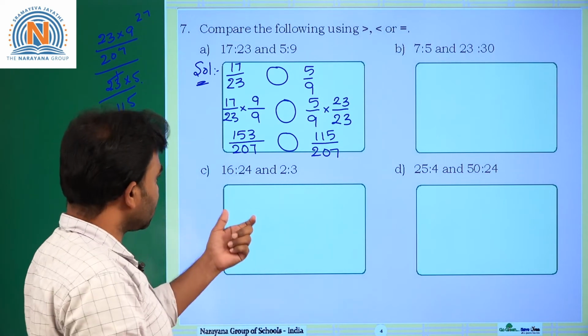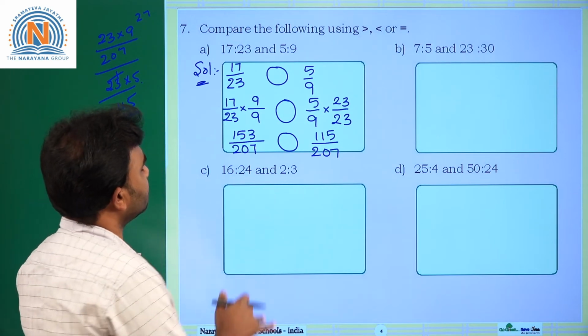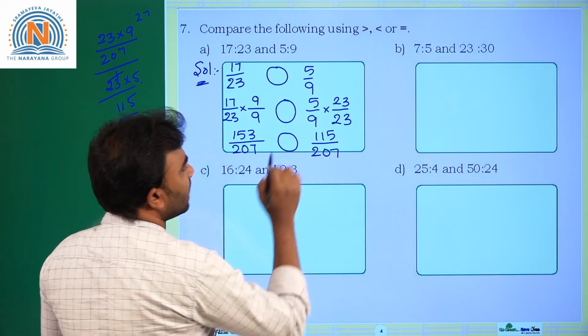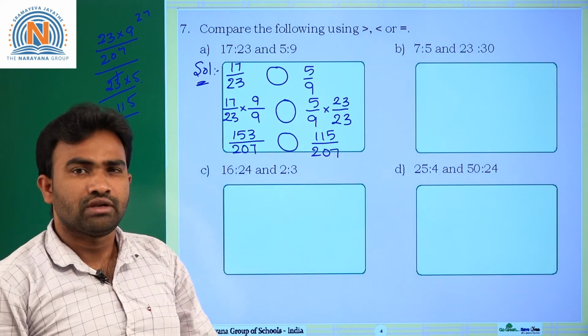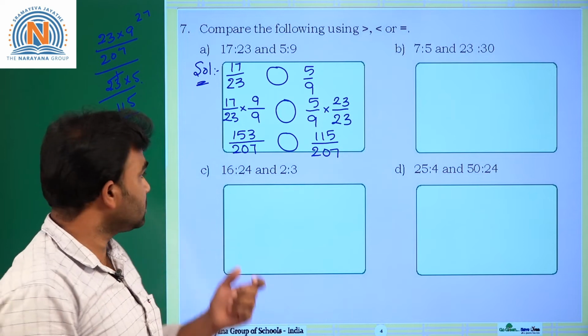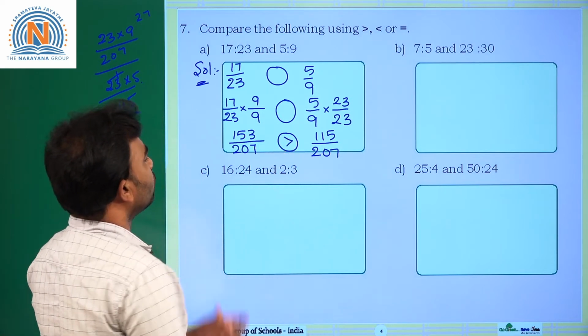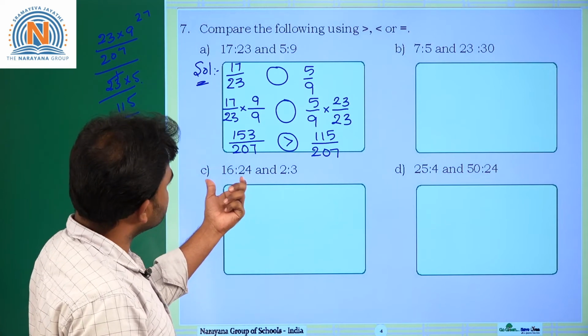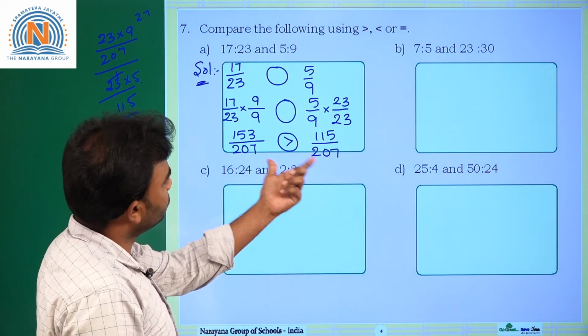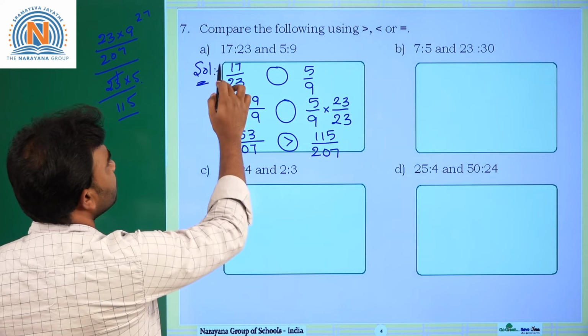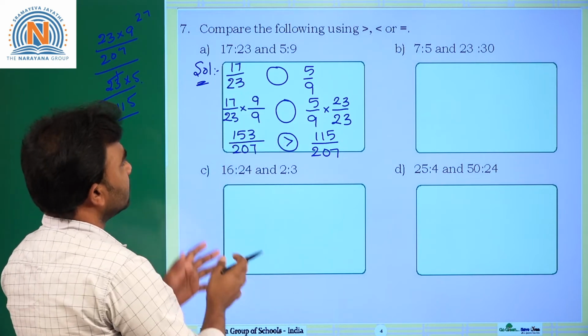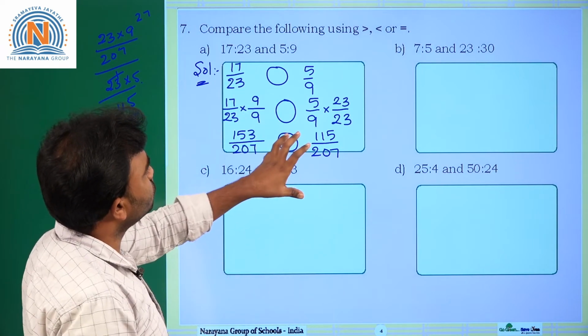At this time we can compare the numerators directly. So 153 and 115. In these two, the greatest one is 153. So greater than symbol: 153 is greater than 115. That means 17 is to 23 is greater than 5 is to 9.